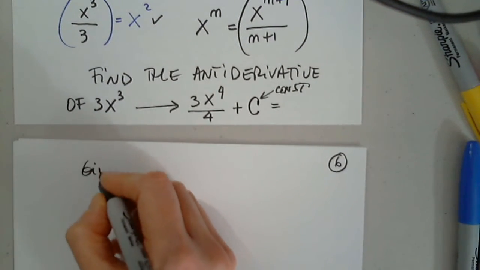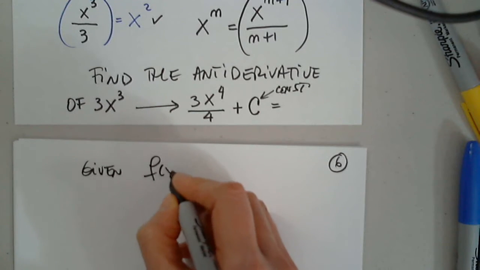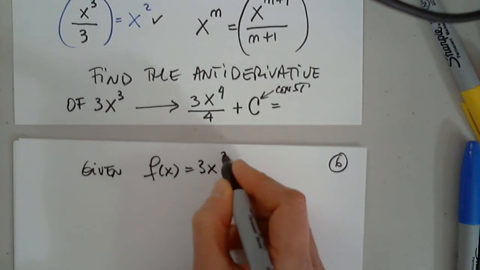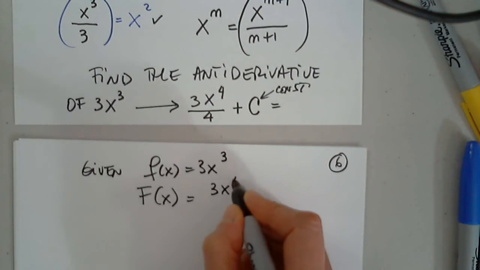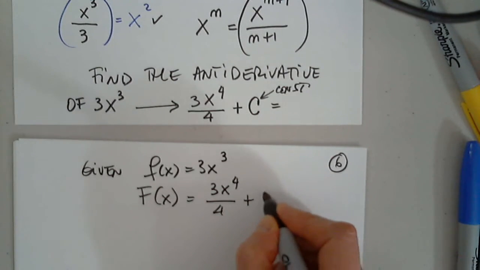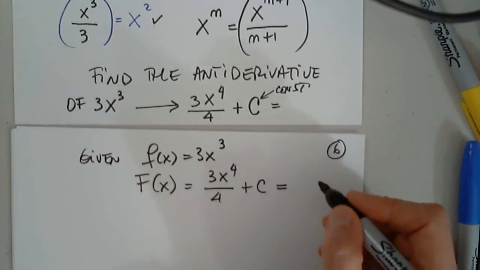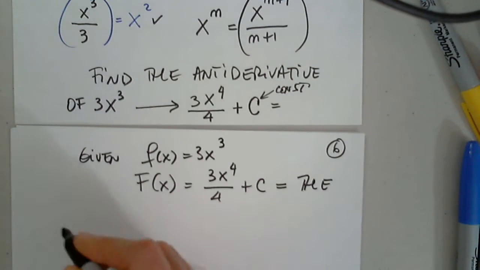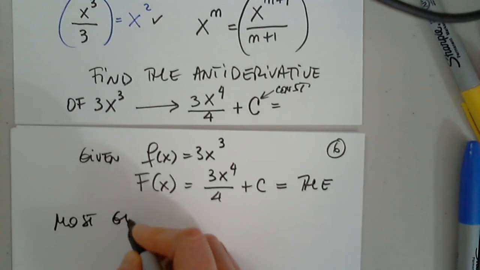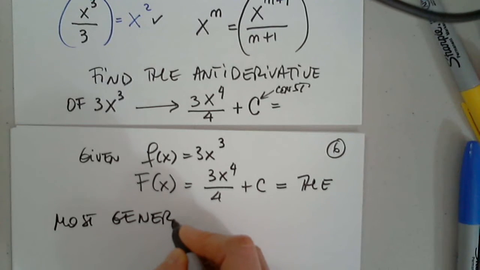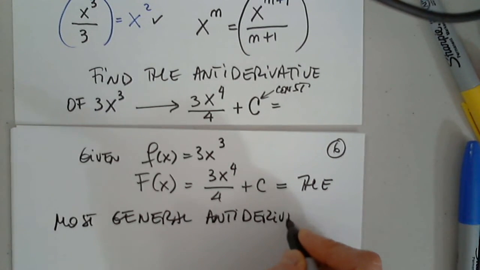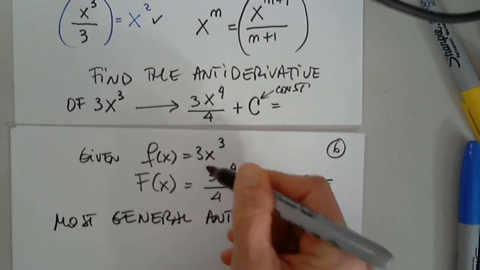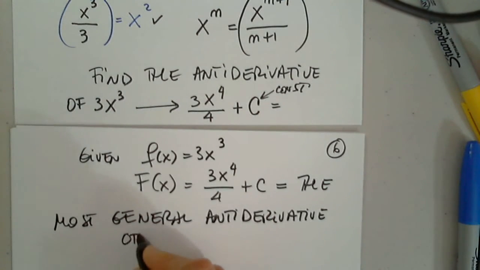So given, let's say, f of x equals 3x to the third, uppercase F of x will be 3x to the fourth over 4 plus a constant C, which is the most general antiderivative of 3x to the third.